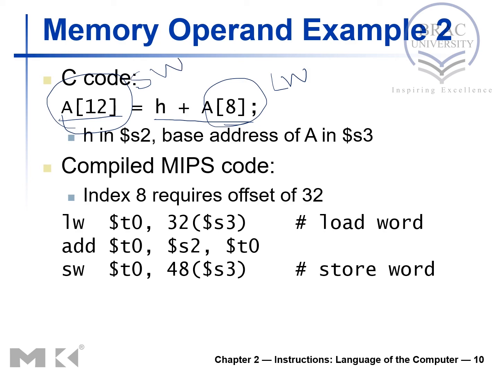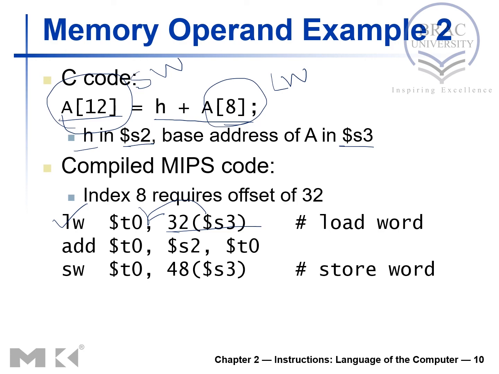So let's do it. Again, H is in S2 and the base address of A, which is required for calculating the address of A8 and A12, is in S3. So with this information, let's calculate this. First we need to perform the load operation, which means the value of A8 is transferred to T0.